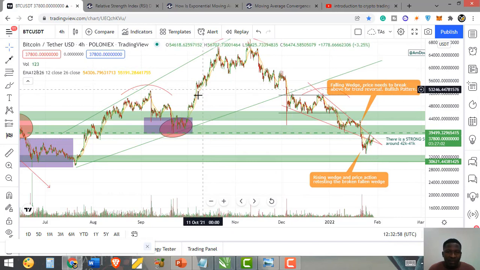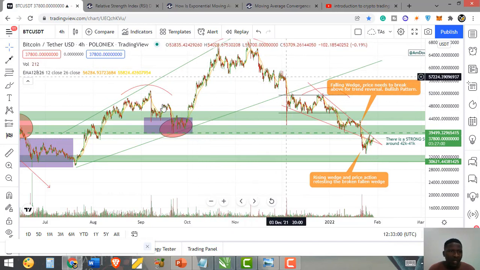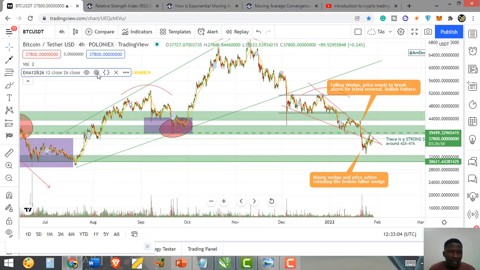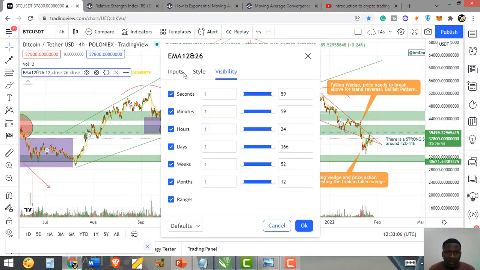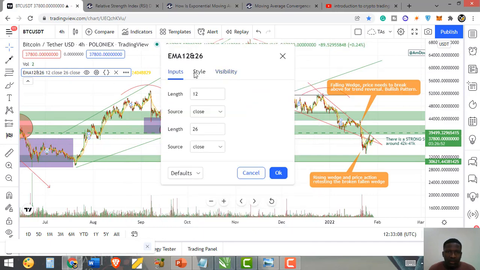Now you can see our exponential moving average, though it's not too clear. So let's edit the colors. Alright, so the first exponential moving average, that's the length, it should be 20, while the second should be 55. The EMA should be 55.